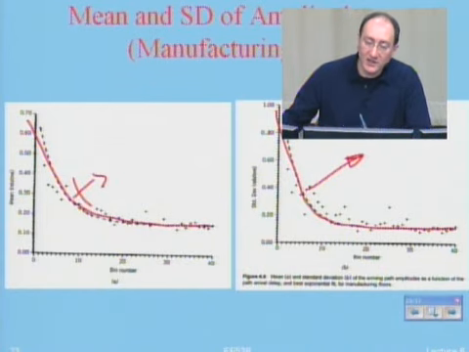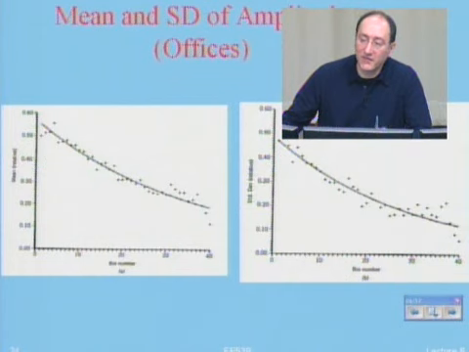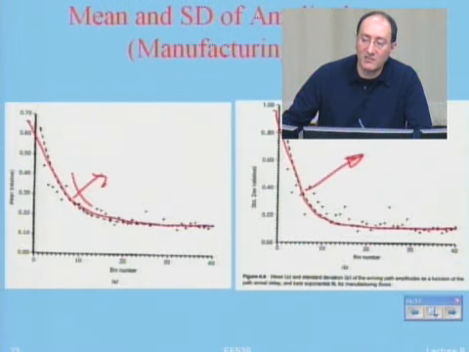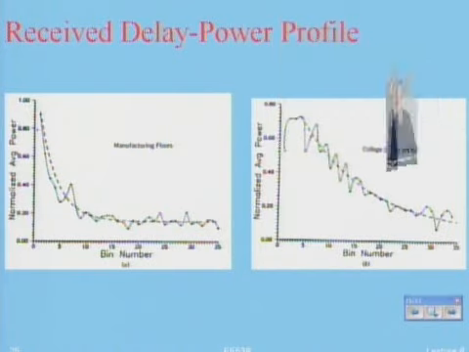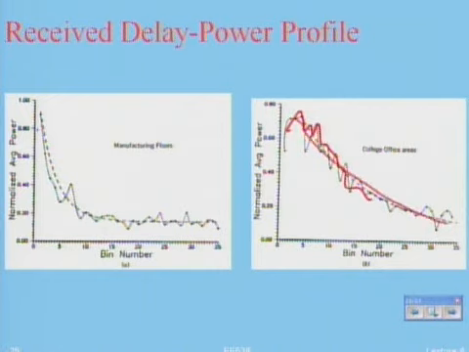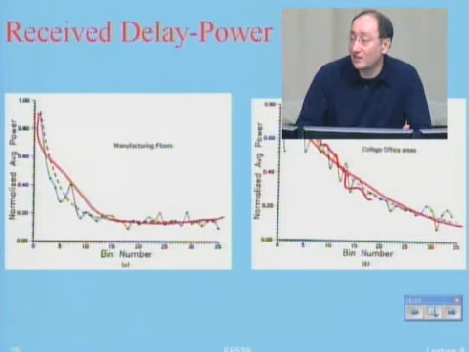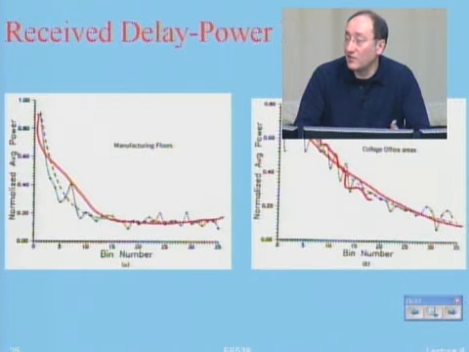Anyway, that's the standard deviation, and this is the mean of the measurements, and this is the total power. This is actually the delay power spectrum. Always in here, these are measurements, and these are the best fits. It gives you some idea that this exponential decay exists. It's a reality. Exponential in what?